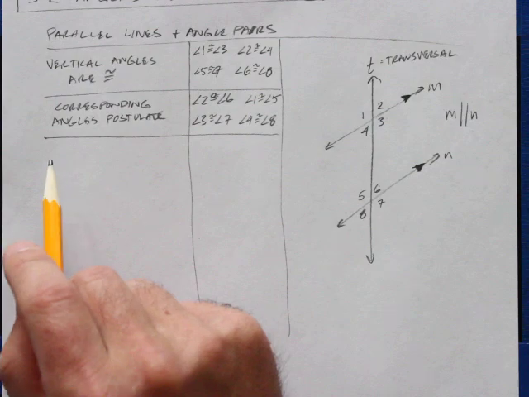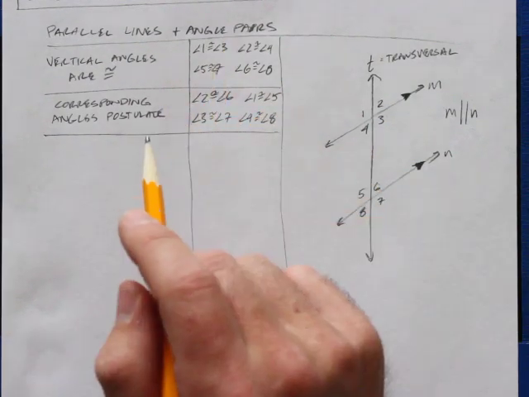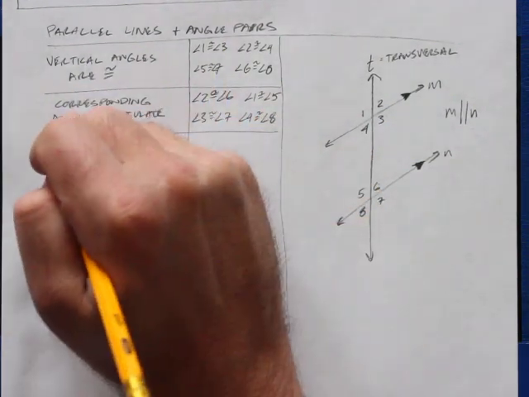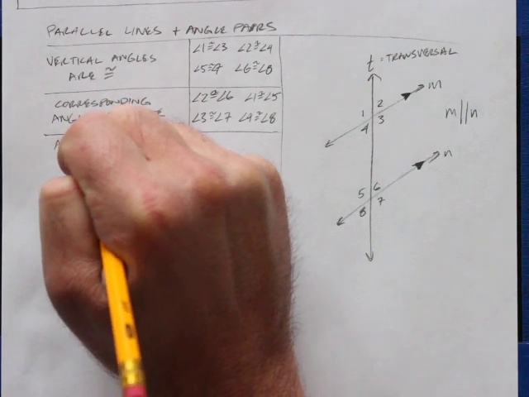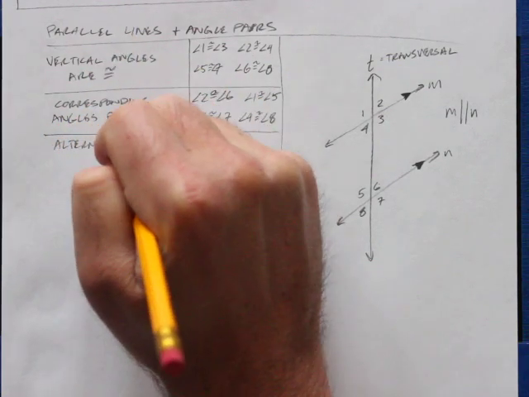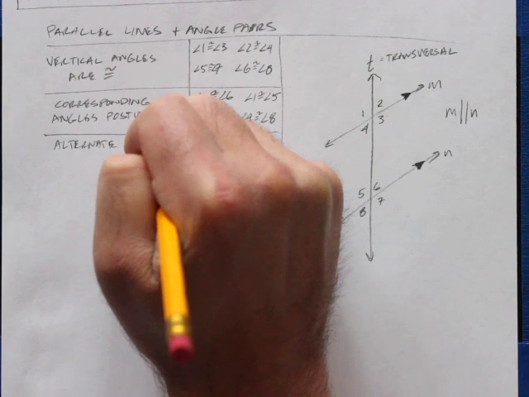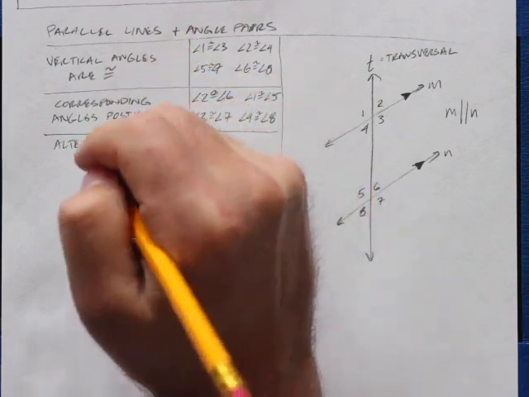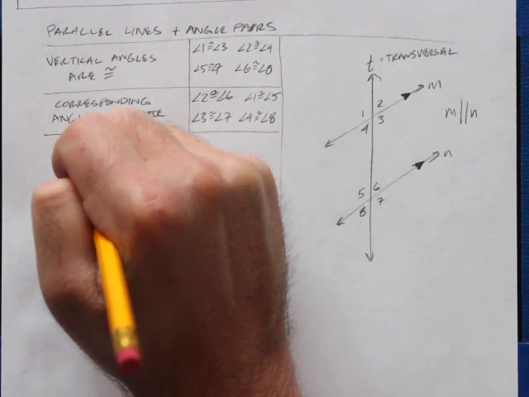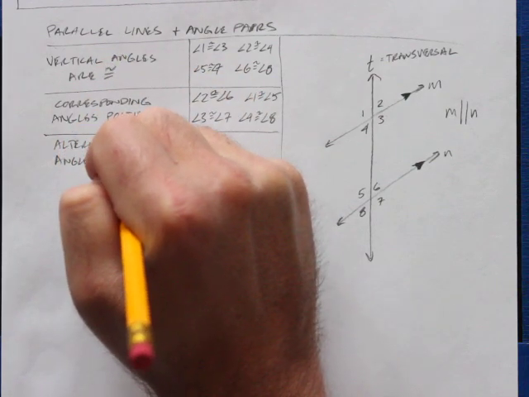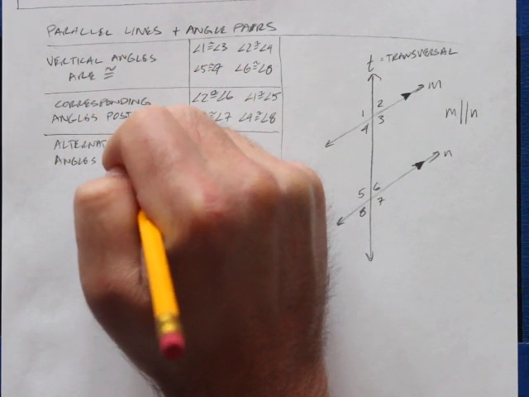Now we have alternate interior angles theorem.